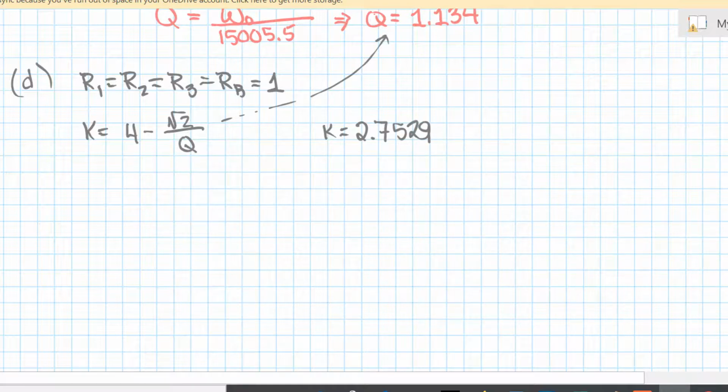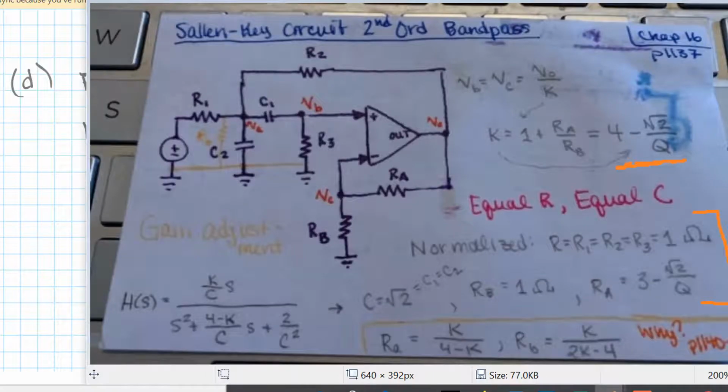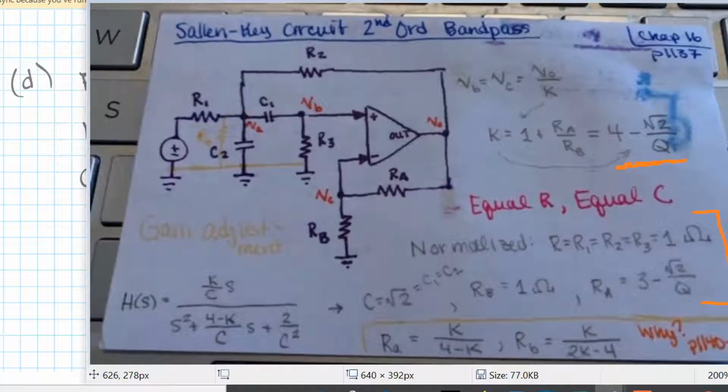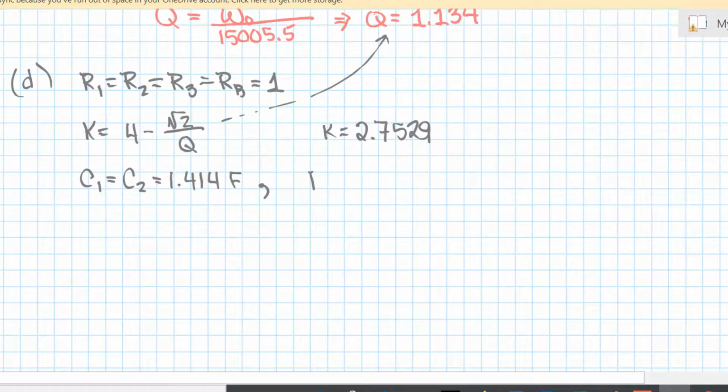And then let's see what else. C1 and C2 are both equal to the square root of 2, which is about 1.414. R sub A is 3 minus root 2 over Q. And notice that's just 1 less than K, because K was 4 minus root 2 over Q, so it would be 1.7529.